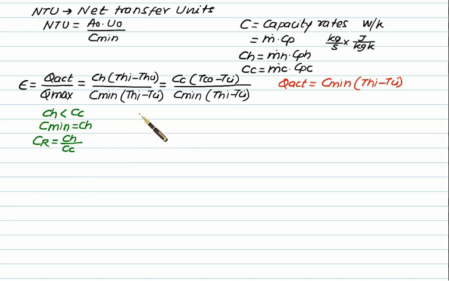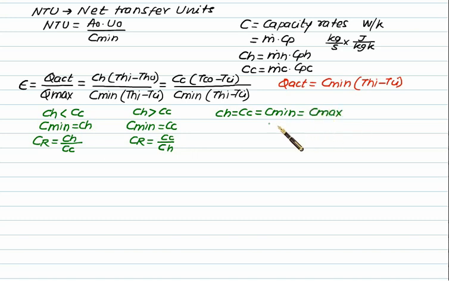If Ch is greater than Cc, in that case C minimum will be equal to Cc, and the capacity ratio will be Cc divided by Ch, that is C minimum by C maximum. And the special case is again when Ch equals Cc, so C minimum is the same as C maximum.